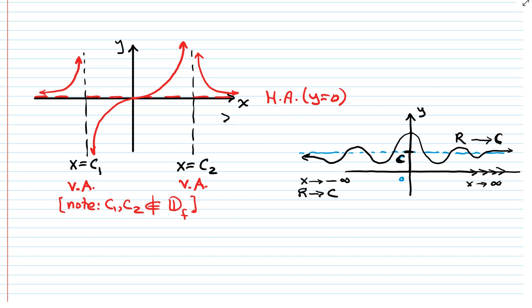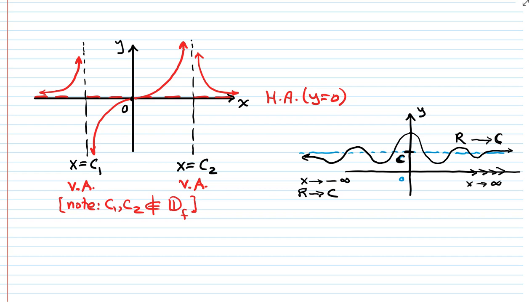And as x goes to positive infinity, again, the function is approaching that horizontal asymptote, which is the x-axis. Note also, at 0, the function actually crosses the horizontal asymptote. So the horizontal asymptote has to do, again, with the behavior of the function when x is very large or very small. Now, the vertical asymptote is a different story.